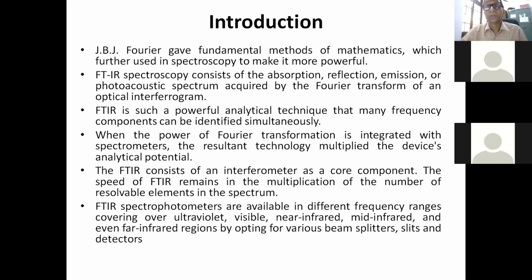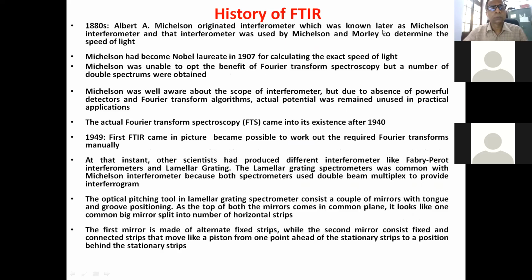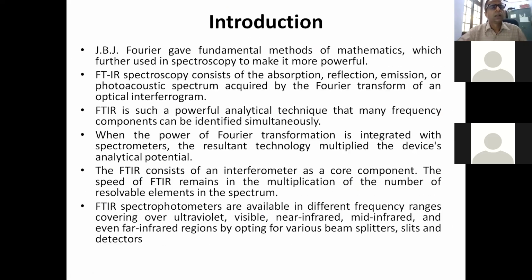Introduction. Basically, J.B.J. Fourier gave fundamental methods of mathematics, which were further used in spectroscopy to make it more powerful. FTIR spectroscopy consists of an absorption, reflection, emission, or photoacoustic spectrum, which is acquired by Fourier transform of an optical interferogram.